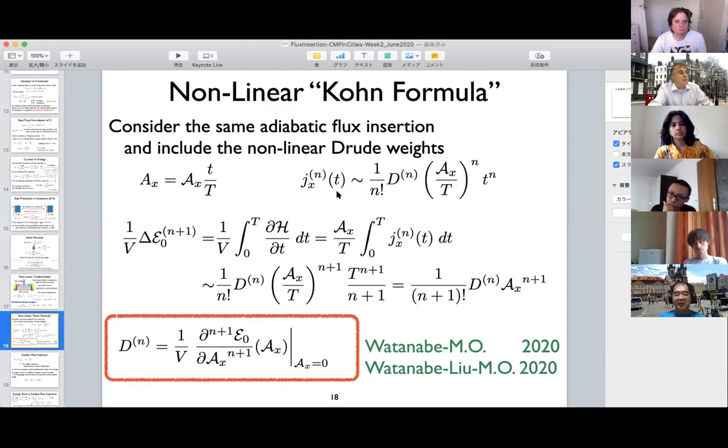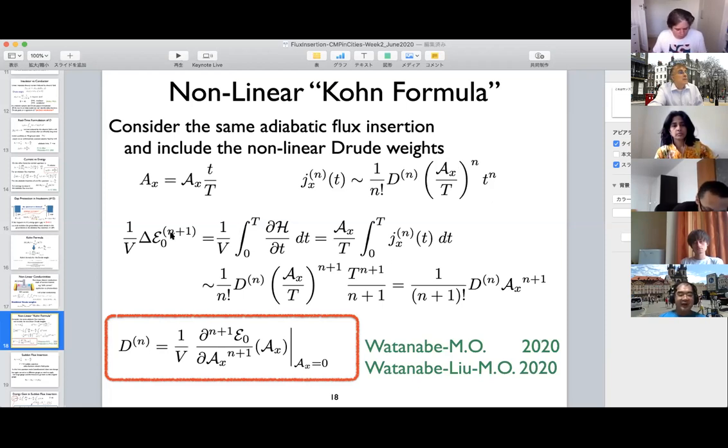And after a long time, only this Drude part survives. So the nth order nonlinear Drude weight times the nth power of the electric field, and then times t to the power n, because the effect accumulates as you continue inserting the flux. So this is again a generalization of the previous linear conductivity analysis to nonlinear ones.